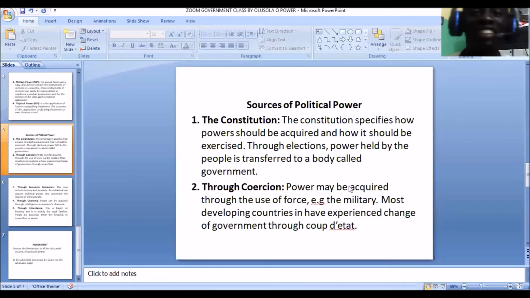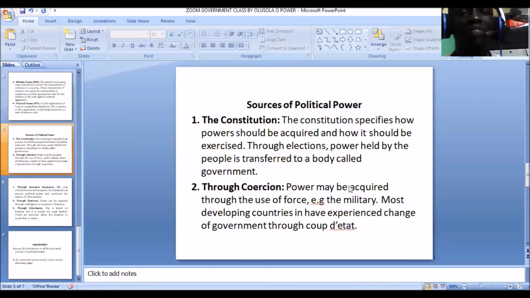And that's why in Nigeria, our constitution stipulates the change of political power every 4 years. Then the age condition is also there in the constitution. Then who can contest and who cannot contest is also there in the constitution.